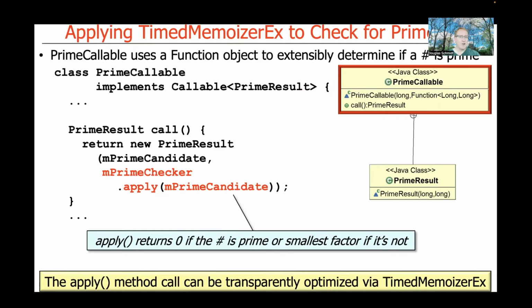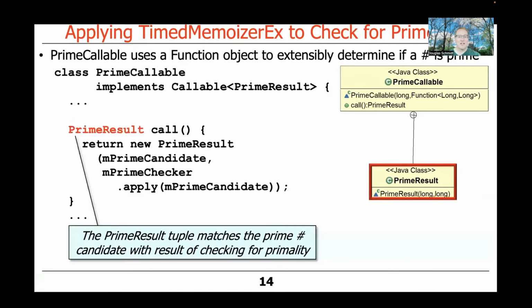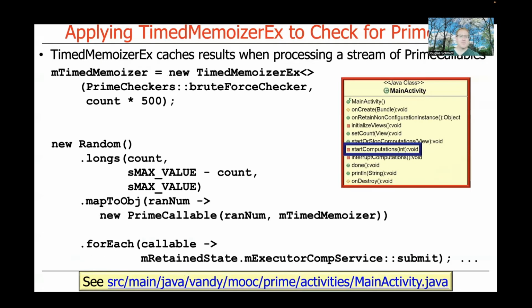And this method will be optimized transparently using the TimedMemoizerEx because that implements the function interface. What you get back here is this prime result tuple that matches the prime number candidate with the result of checking for primality. Here's the main program.